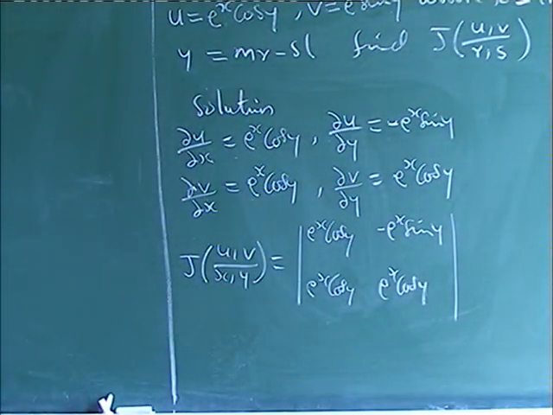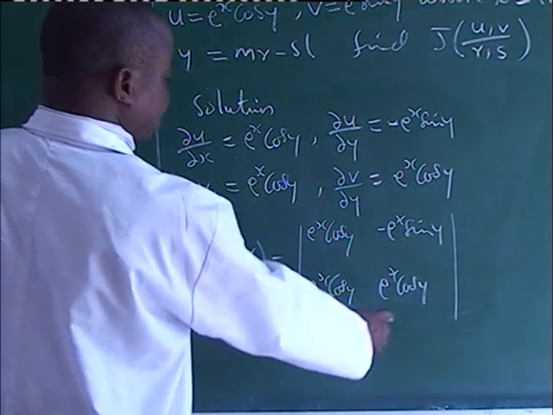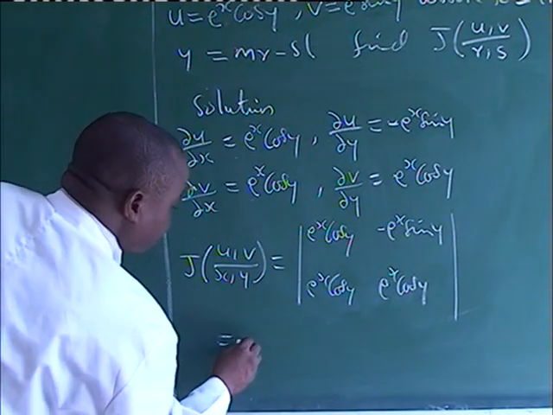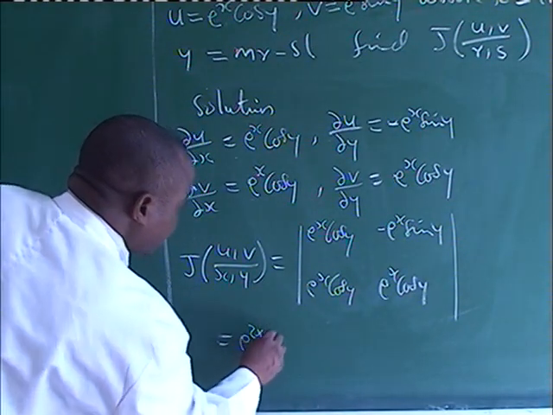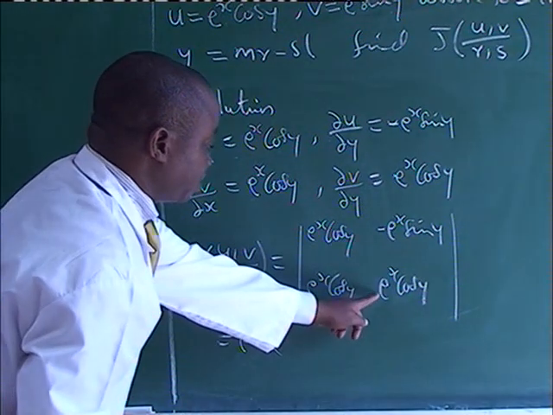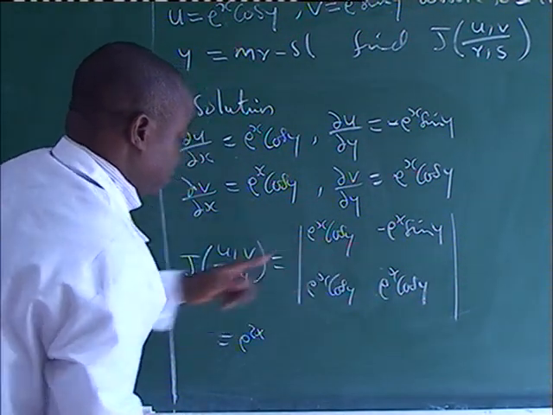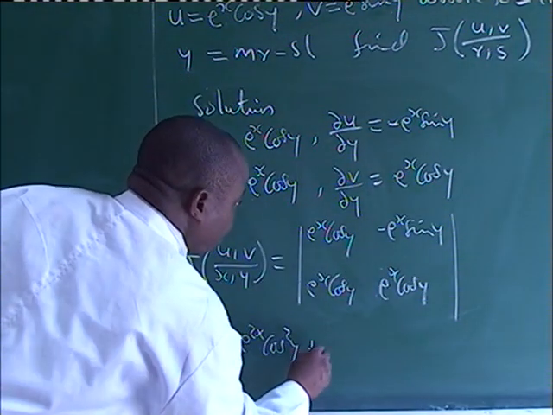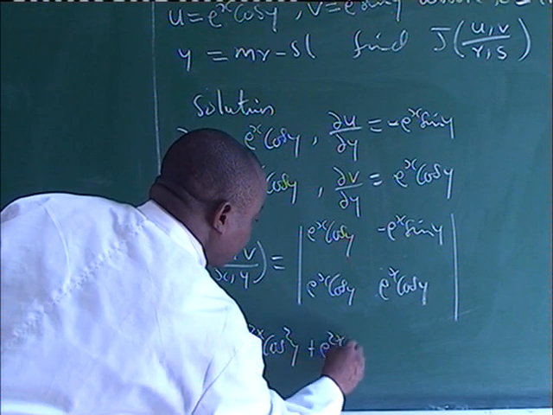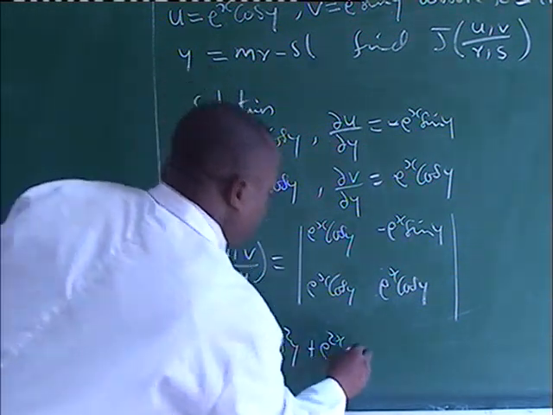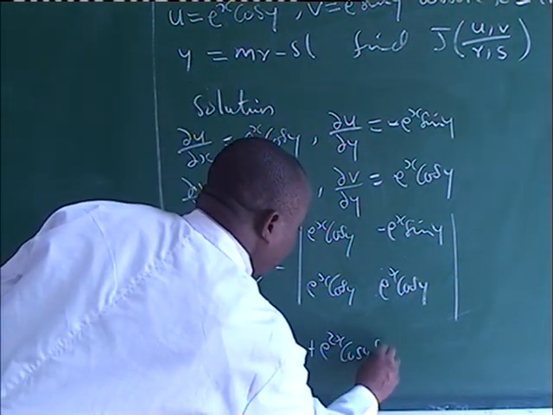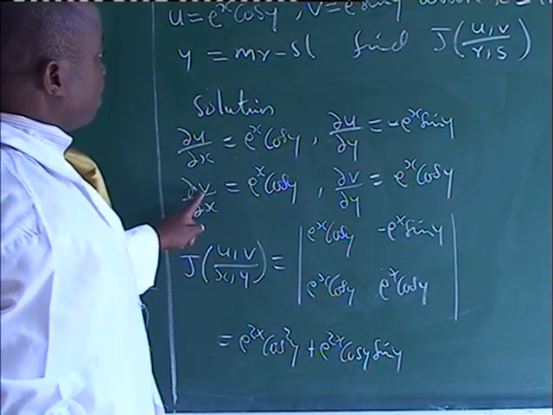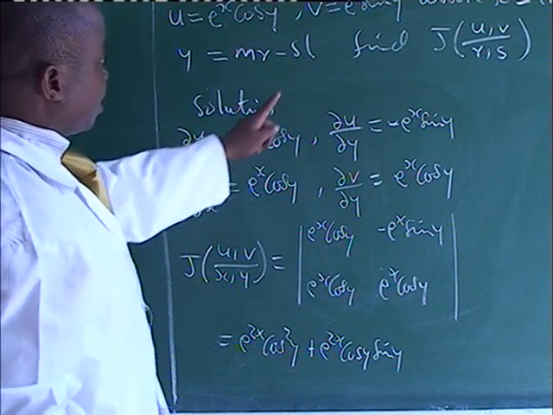So that when we take the determinant, this times this will give us e^(2x), because of e^x times e^x, we add the powers, we have cos squared y. Then going like this, we have plus e^(2x) sin y times sin y.